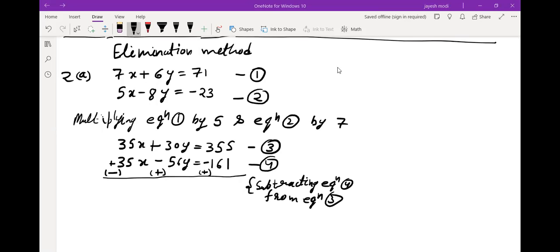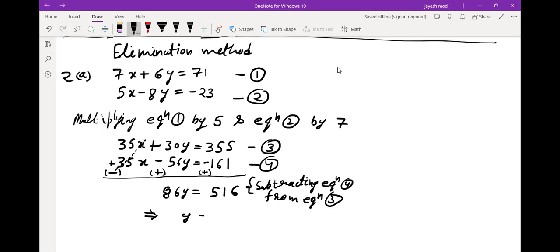35x and 35x will be cancelled out. Okay. So cancel it with a light cancellation sign. Now 30y and this minus 56y has become plus 56y. So 30 plus 56 is 86y equals, add these two: 5 plus 1 is 6, 5 plus 6 is 11, 1 carry 1 plus 3 is 4, plus 1 is 5.